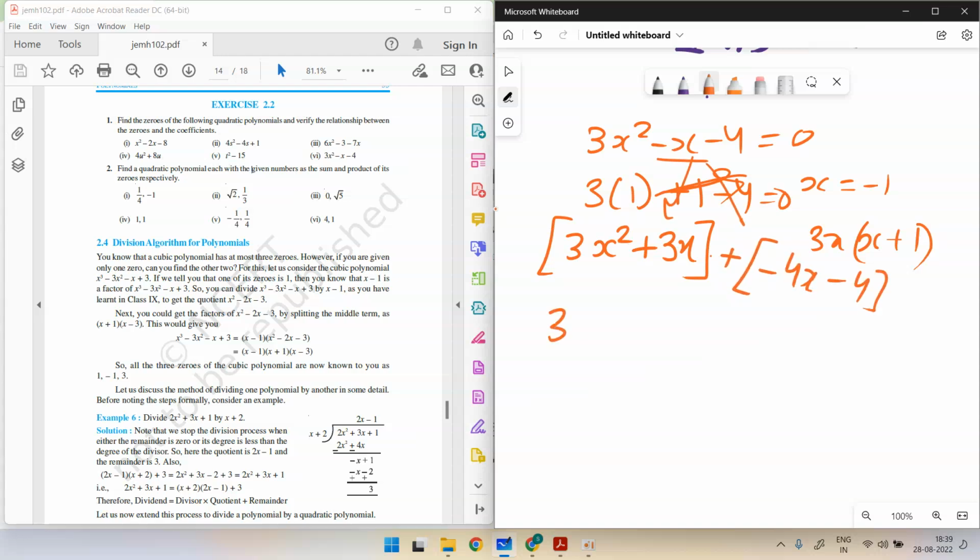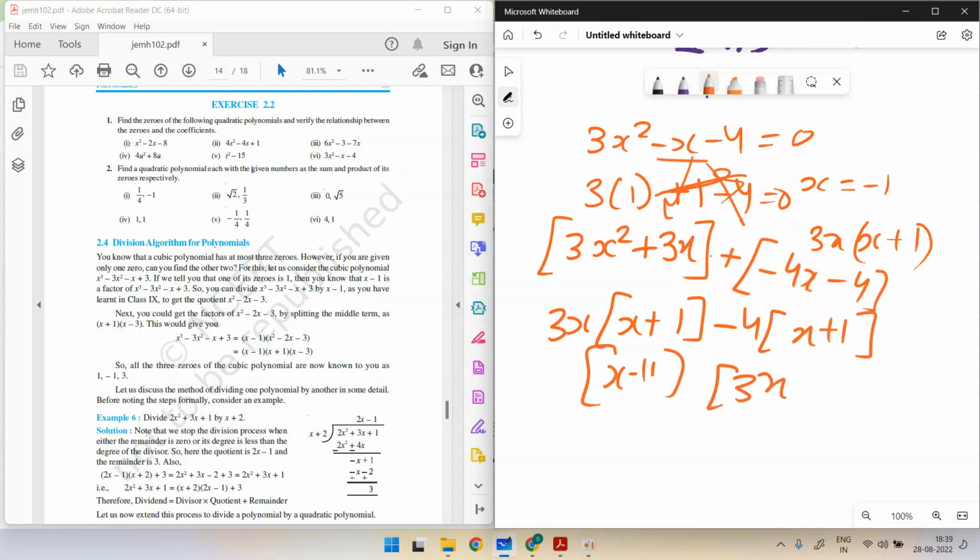If you take 3x common, it becomes x plus 1, and minus 4 common, this is x plus 1. So the expression will be x plus 1 into 3x minus 4 equals 0. So the value of x is minus 1, comma 4 by 3. This is alpha, this is beta. Solve this and you get the answer.